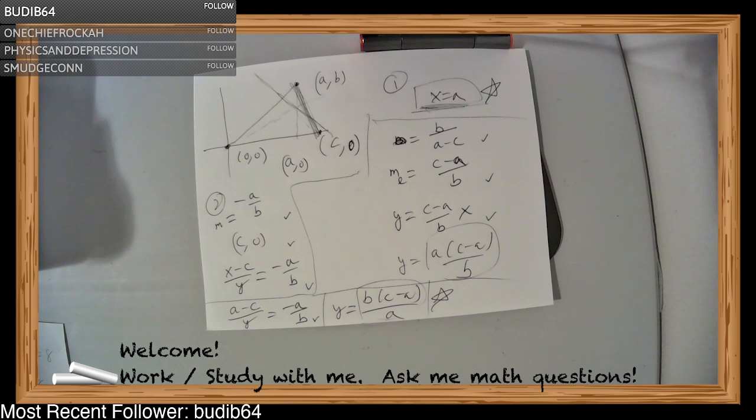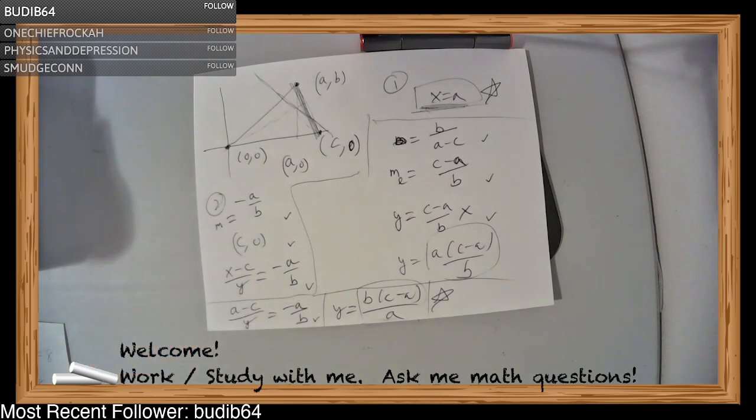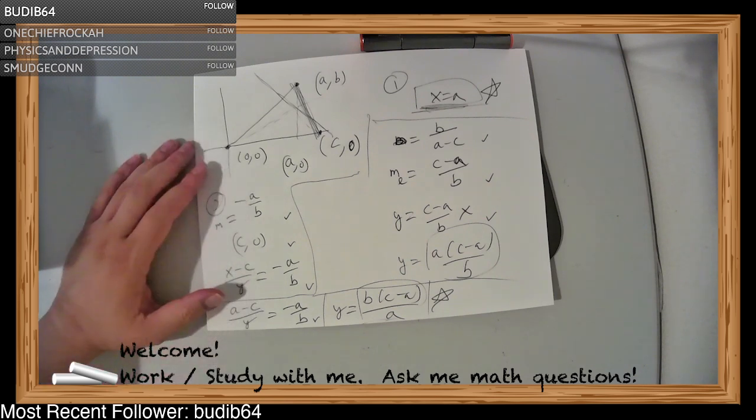Let's see. y equals... okay. Is it possible that a over b equals b over a? What have I done?